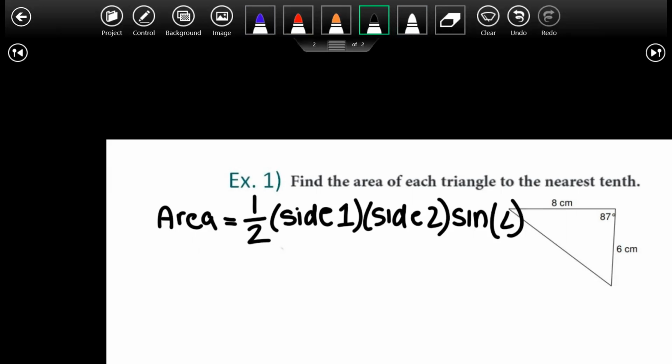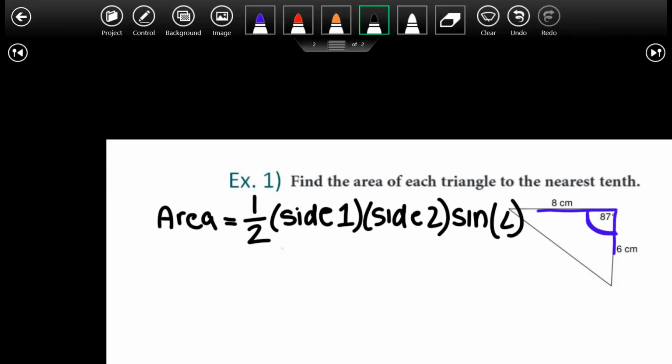One thing that you have to be able to know is you got to be able to look at the included sides. These are included, meaning they form the angle that we're going to make from these. So this is all we're going to do. We're going to find the area of this triangle using this formula.